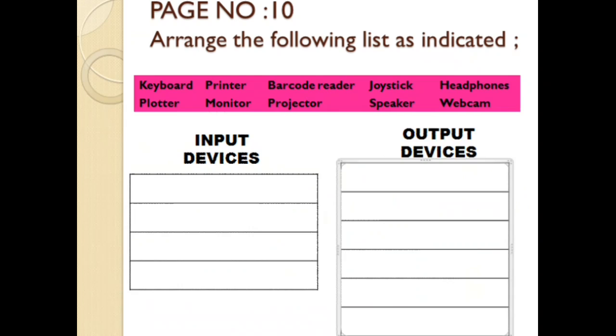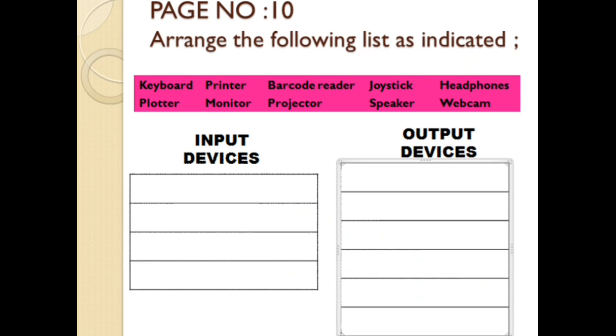Okay, so the first one is: arrange the following list as indicated. On page number 10, there is a form where you have to arrange each item as an input device or output device. At the top, in the pink color box, you can see keyboard, printer, barcode reader, joystick, headphones, plotter, monitor, projector, speaker and webcam.